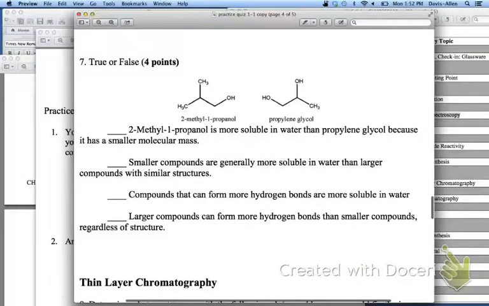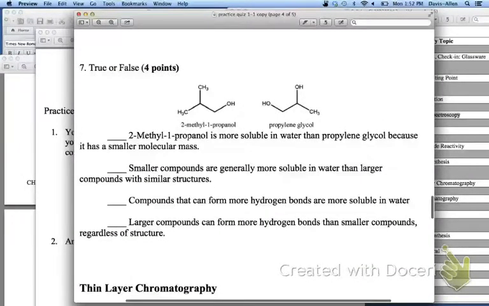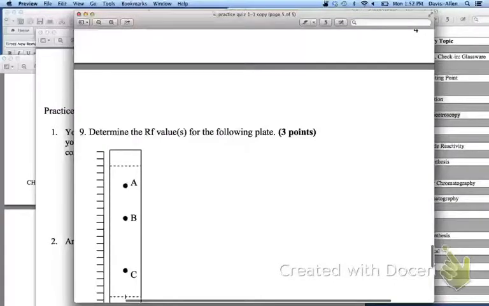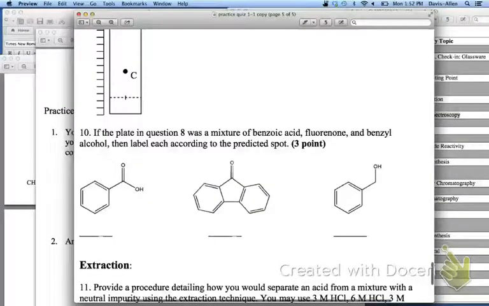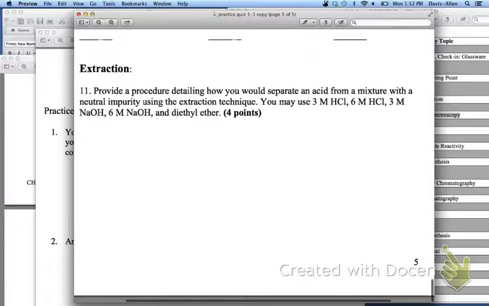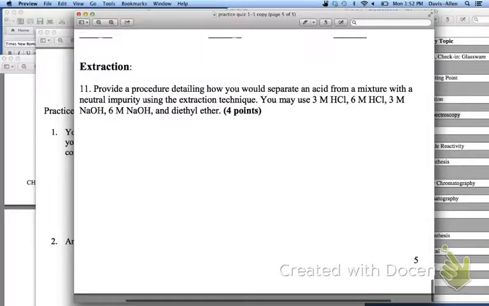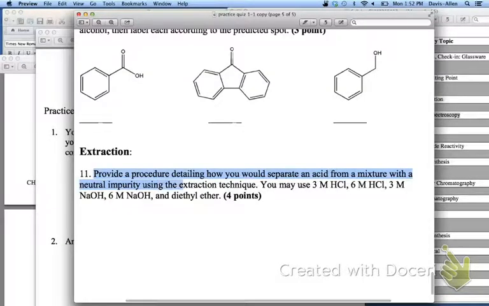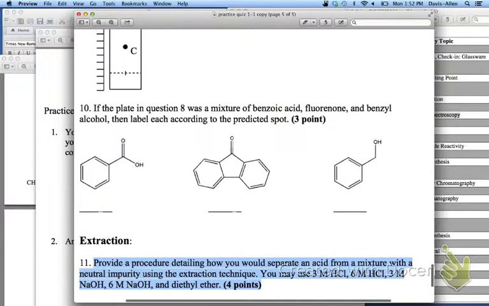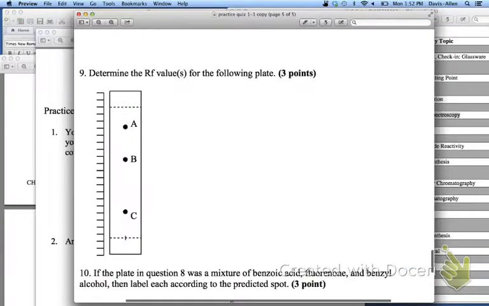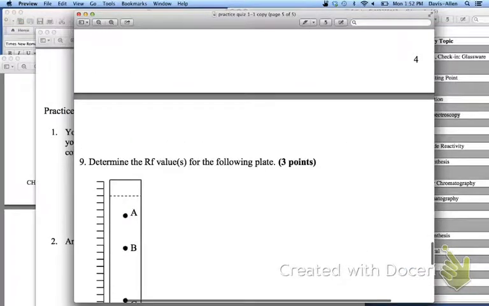The other quizzes were when we had multiple quizzes in the semester as opposed to just one. Extraction. This was actually your practical. So before we made you answer the question on the quiz.